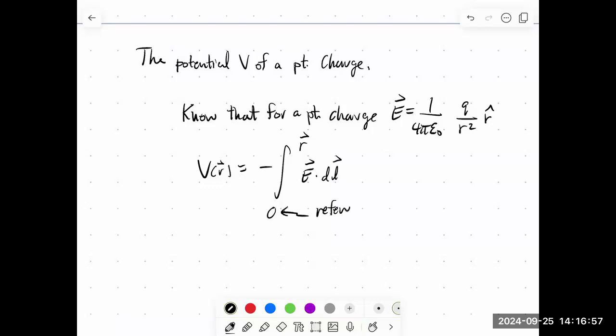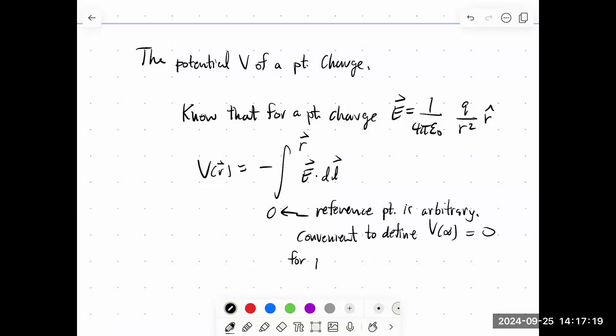So this reference point is arbitrary. It is convenient to define V at infinity equal to 0 for point charges and other finite charge distributions.